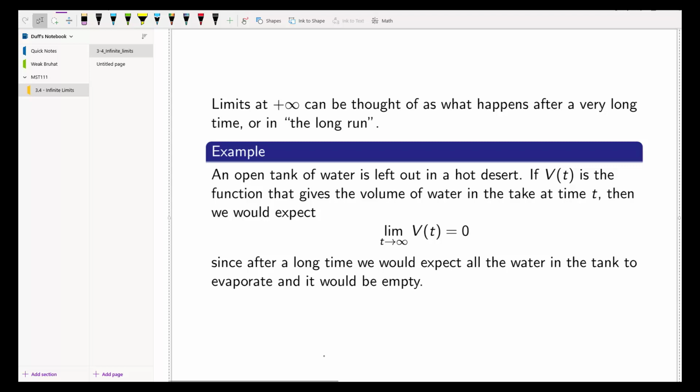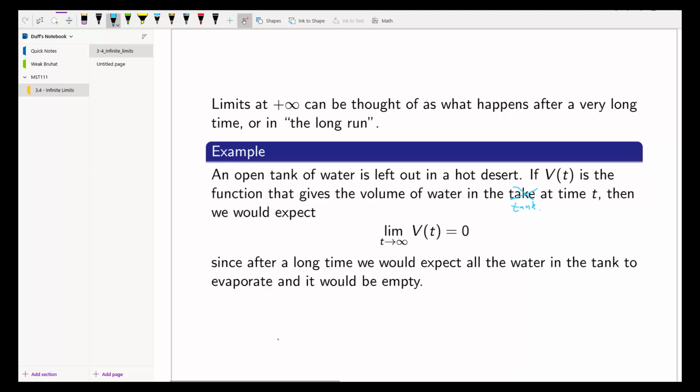As a simple example, if we take an open tank of water filled with water, and we leave it in the desert for a long time, as a model we might take v of t to be the function that gives the volume of the water in the tank at every time t.